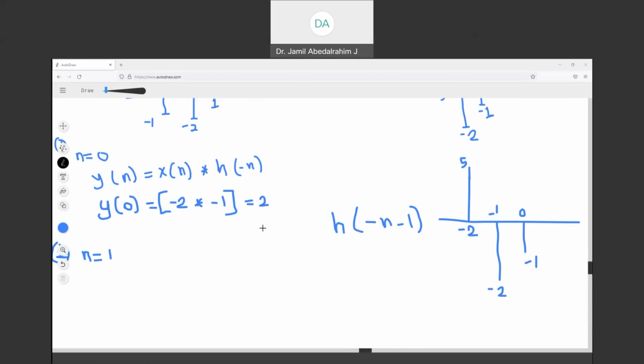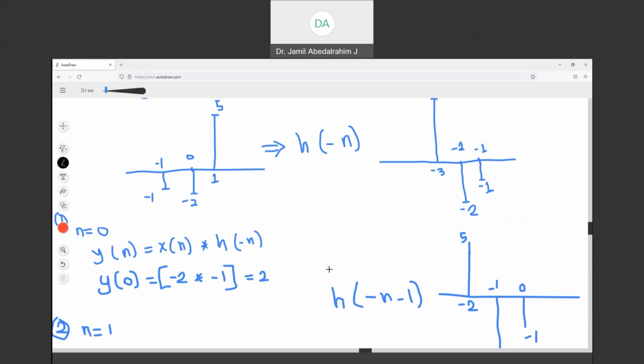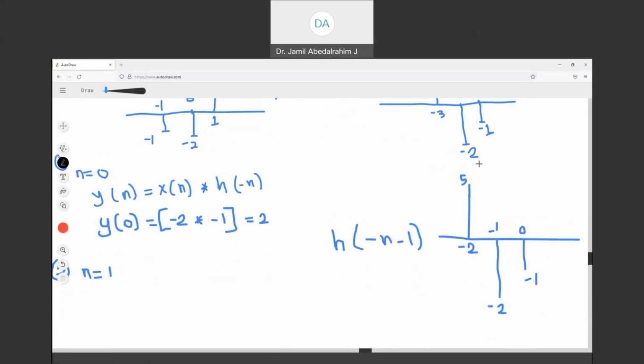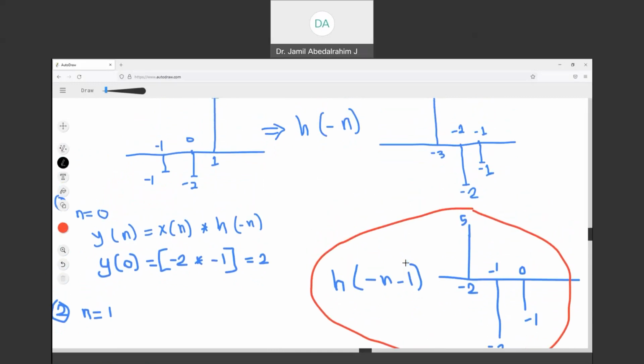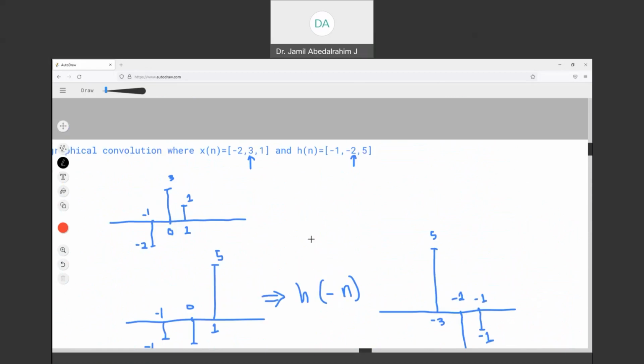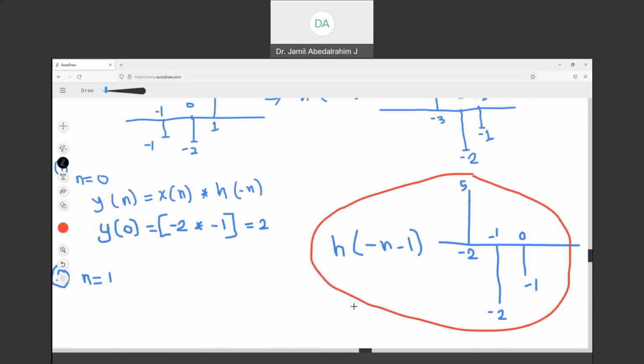Okay. So here, after shifting, what's the next step? The next step is we need to multiply the h of negative n minus 1 by x of n. Okay, we need to multiply them.